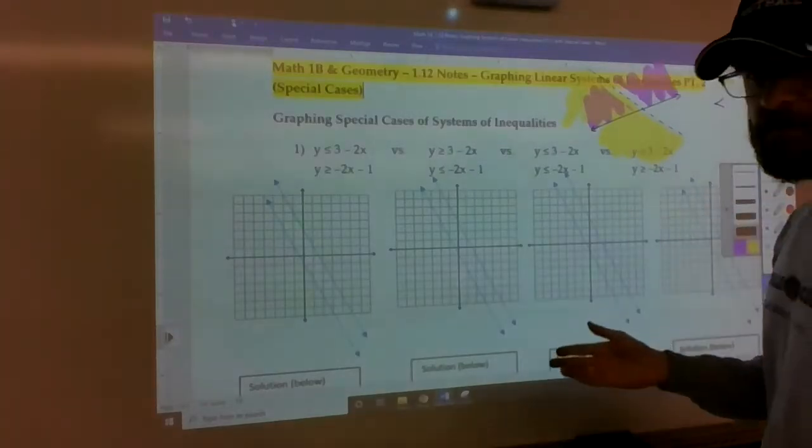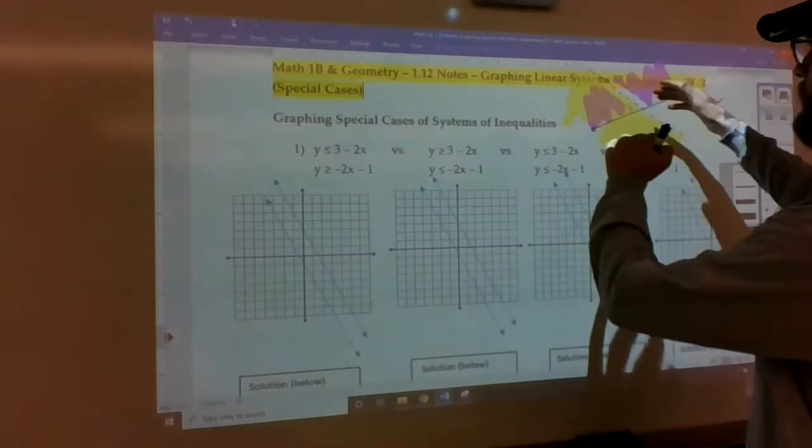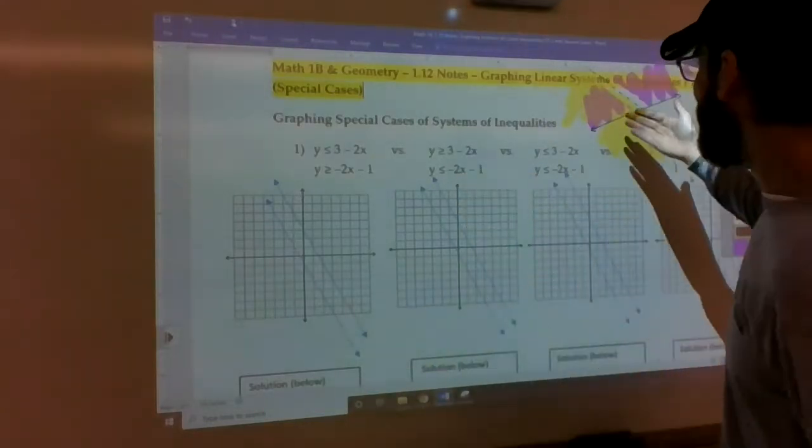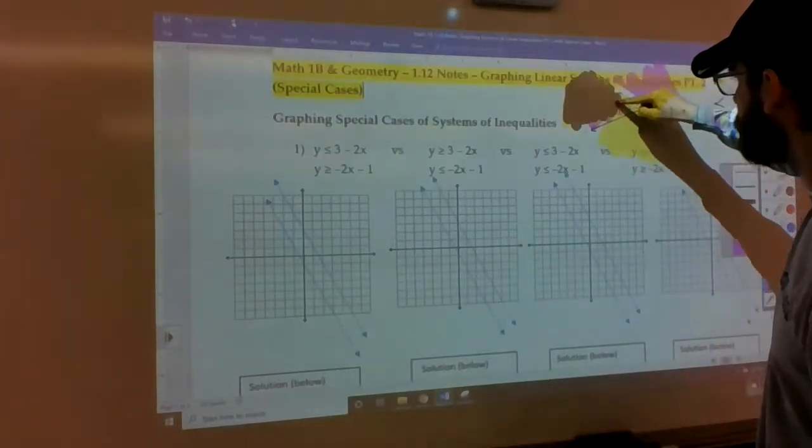Your solution would be the place that the magenta, I think that's the color, and yellow both share. It's this spot right here.